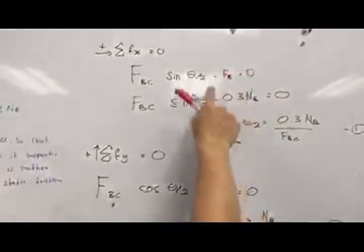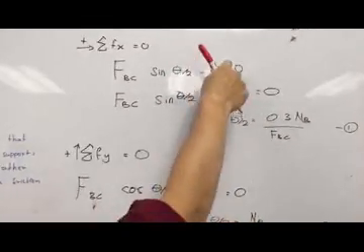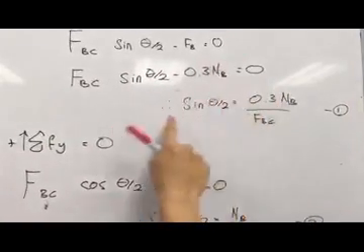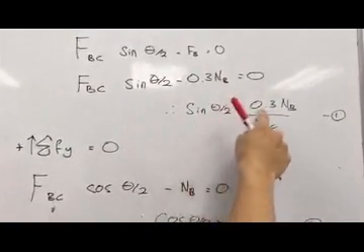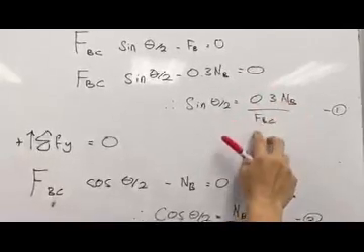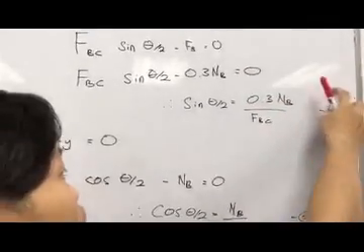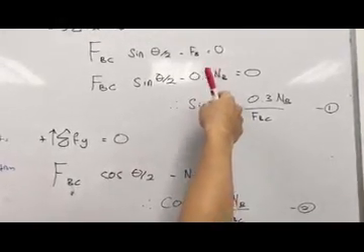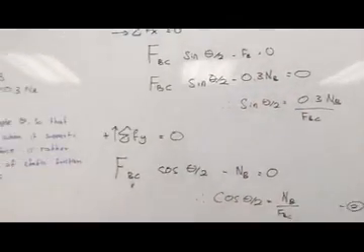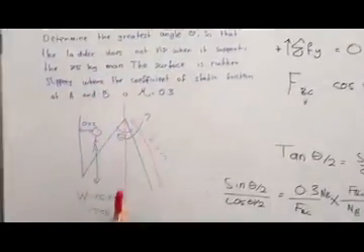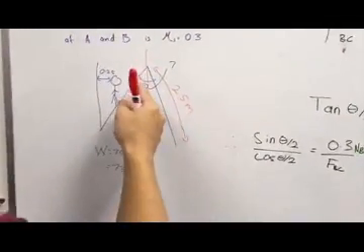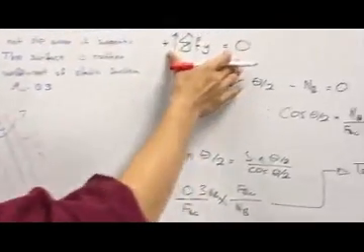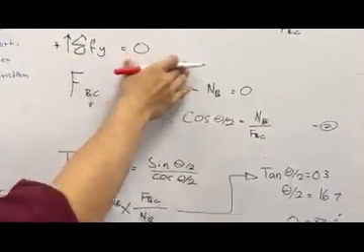Substituting FB equal to 0.3 NB, sine theta over 2 is equal to 0.3 NB over FBC. This is the first equation. Theta over 2 is used because I cut this figure in half, so theta must be divided by 2.